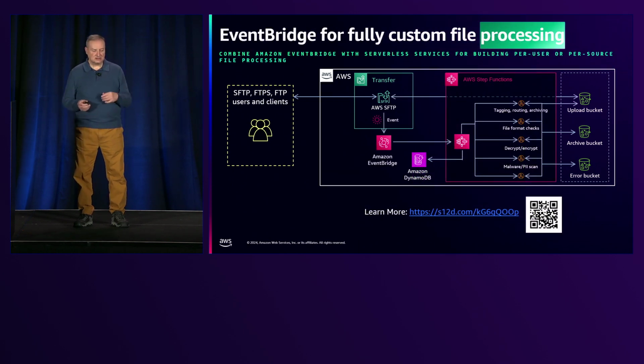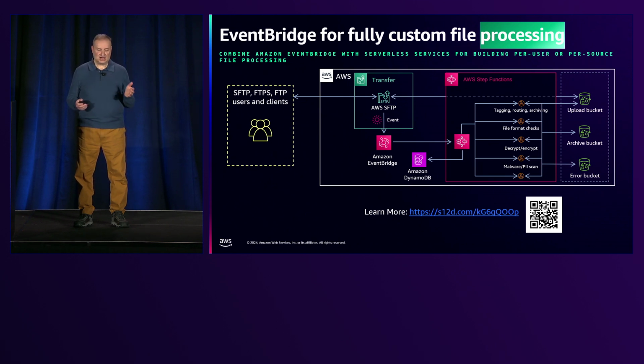And this is a typical workflow that you can create using the integration with EventBridge. If a file is uploaded to your SFTP server, you use an EventBridge integration and you target a Step Functions state machine, where you can go through the steps.